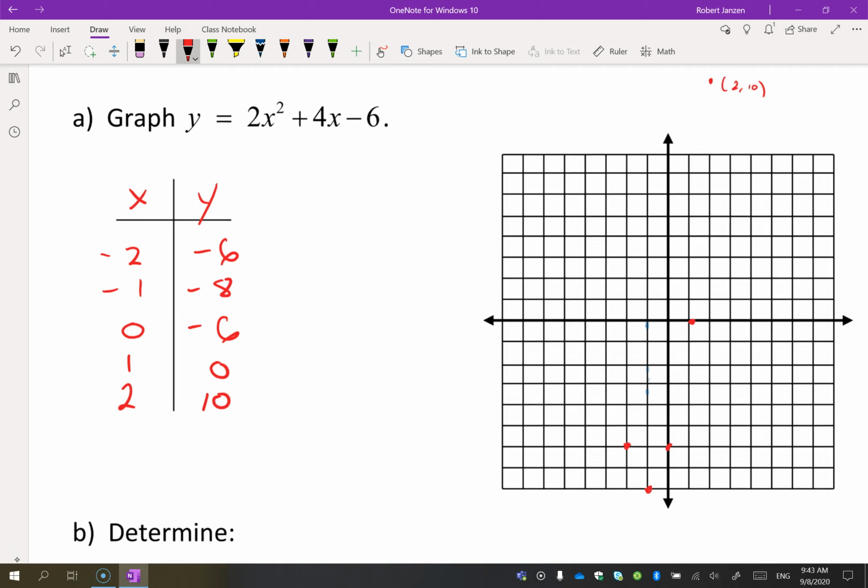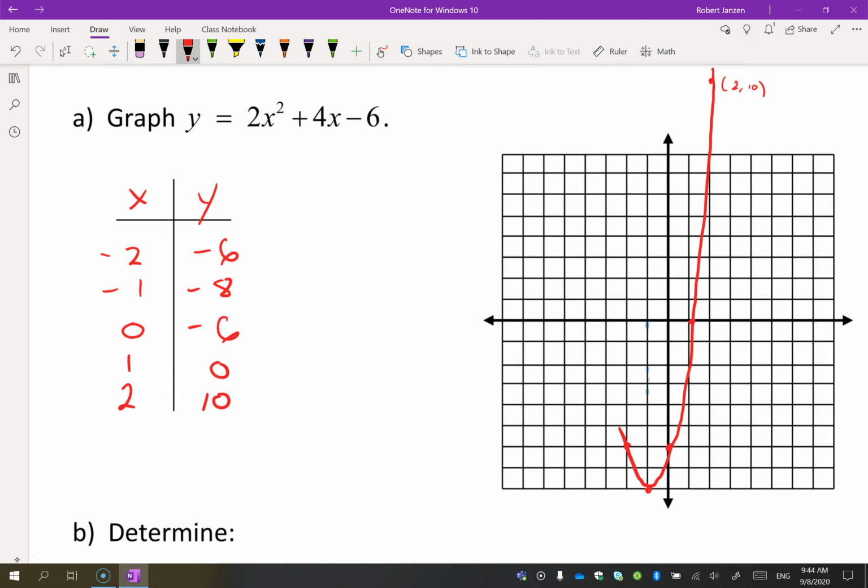Okay, and so now we want to try to graph this. Now I can see this part. Okay, and I'm going to want to go all the way up to here. So let's try to draw that a little bit better. Okay, and now what happens after that?